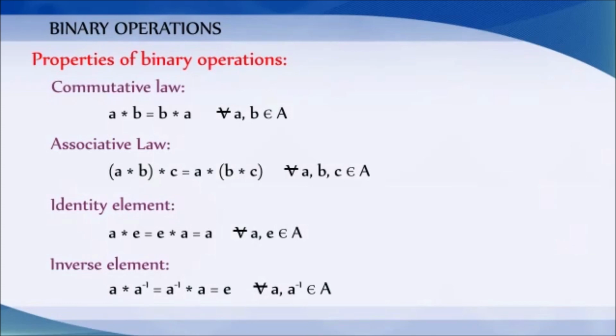Let a belongs to A. If there exists an element, say a inverse, in A such that a star a inverse is equal to a inverse star a is equal to e, then we say that the element a is invertible.